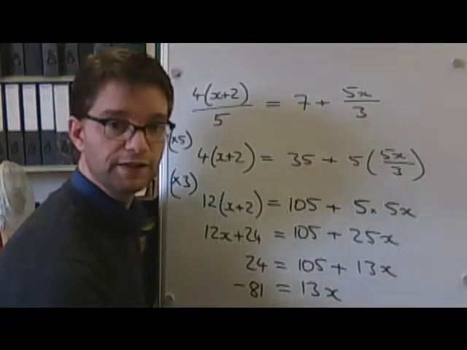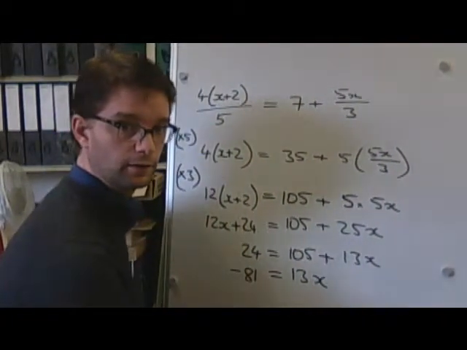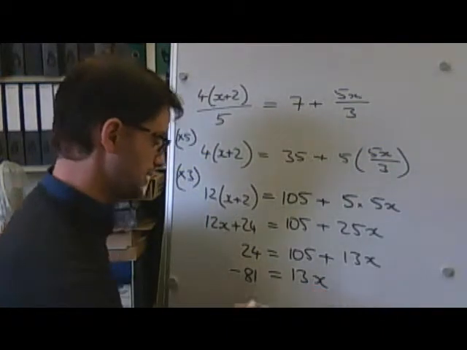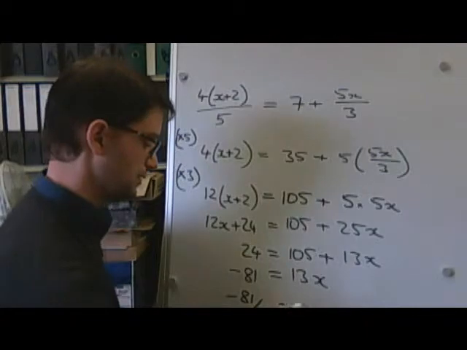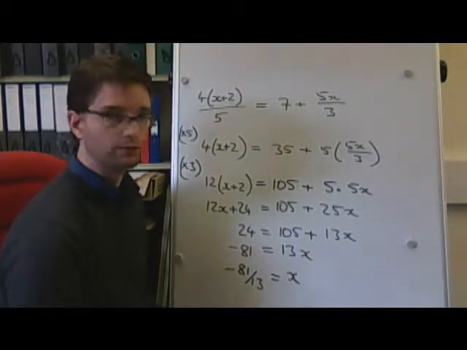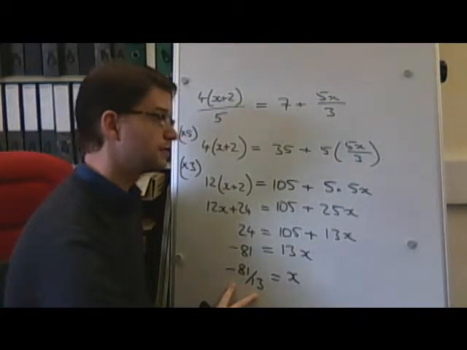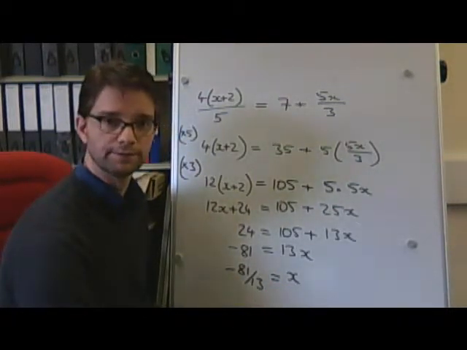And so that would finish, I'll cheat a little bit, by saying minus 81 over 13 equals x. Okay, so we've taken minus 81 over 13 equals x as the finish of that equation.